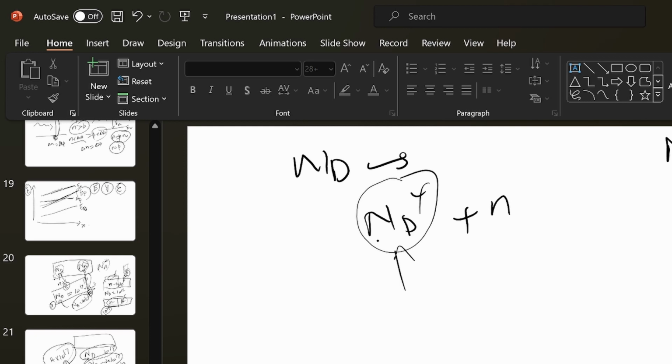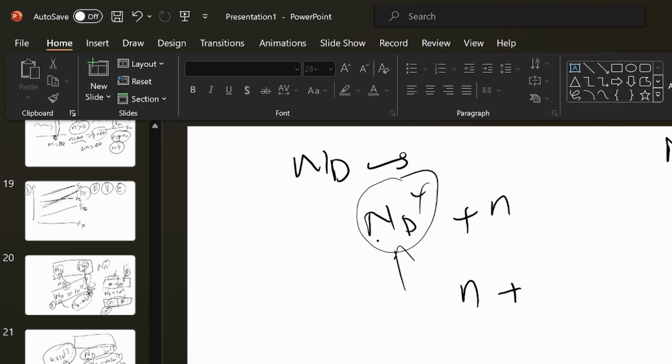Like there are some pillars in the road. They will affect the mobility, they will affect everything, but they won't contribute. Okay, the total positive charge should be equal to the total negative charge. If we have doped the lattice with Na and Nd, Na will convert into Na minus and Nd will convert into Nd plus.